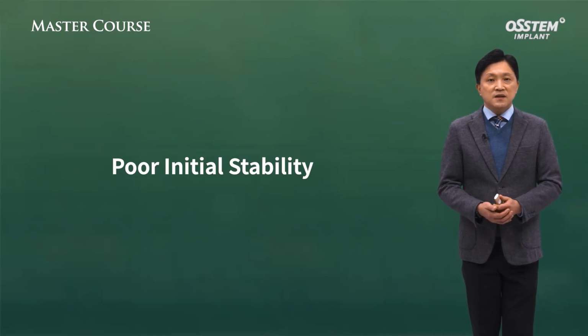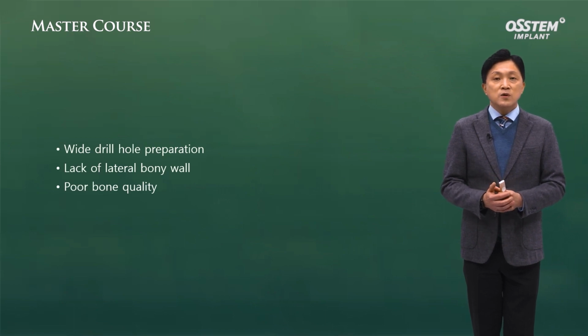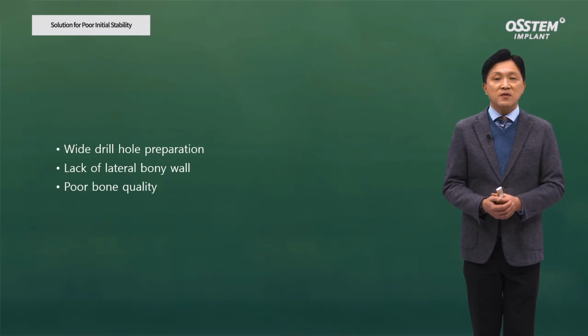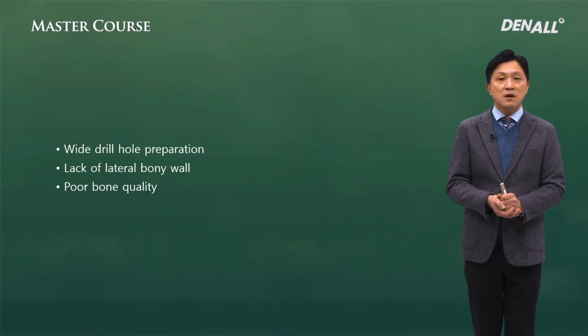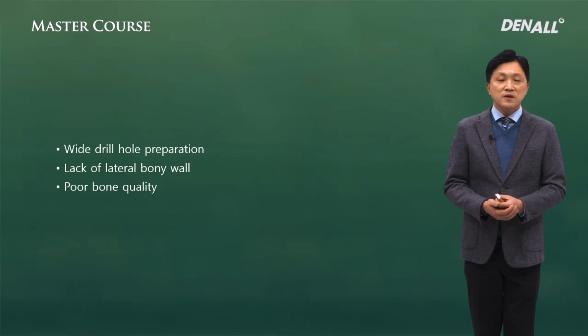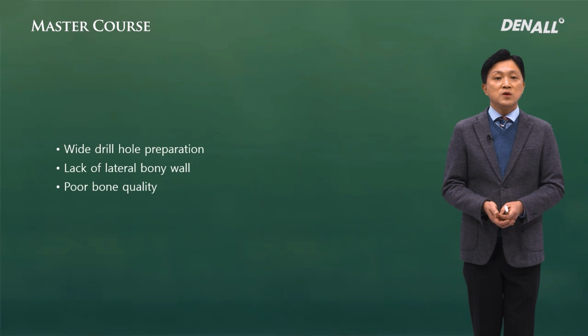For initial stability, in general, it is due to wider drill hole preparation compared to the nominal drill size. If we mistakenly use a bigger drill size, or during drilling, a drill may vibrate when it is outside the axis, and the drill hole can get enlarged because of vibrations.